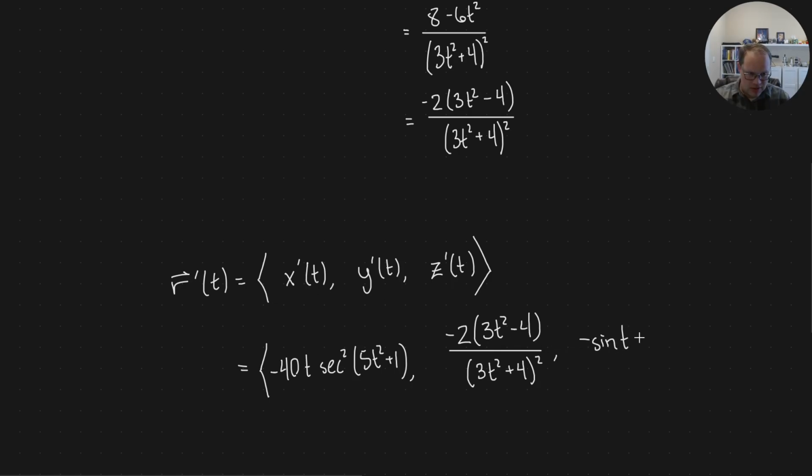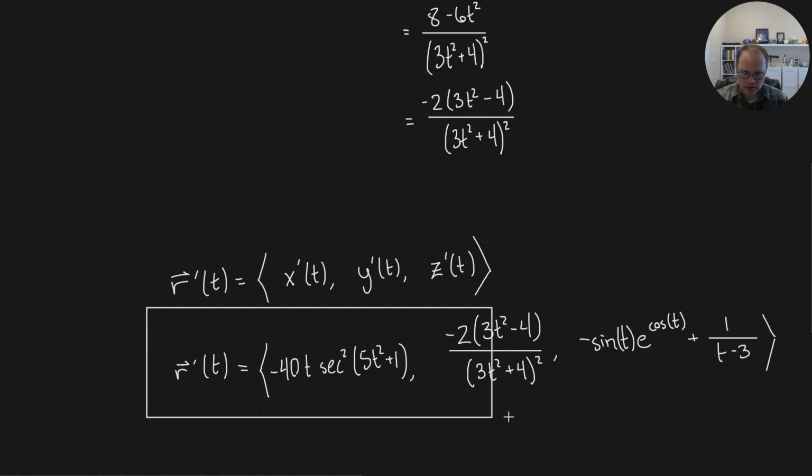If you want to be very careful about what's inside the sine and what's not, you could put parentheses around the t's here and here. Okay, that's my answer. That is the derivative of my vector valued function.